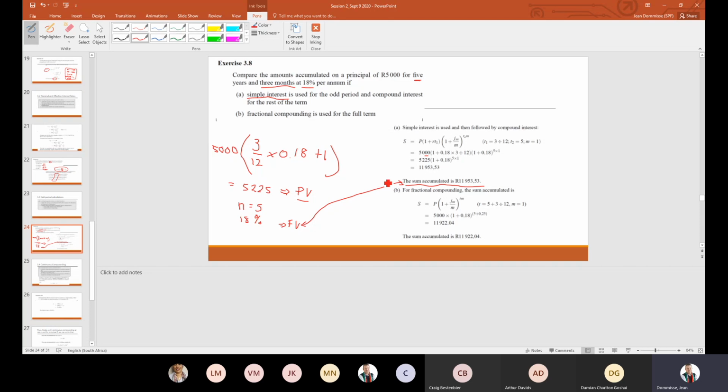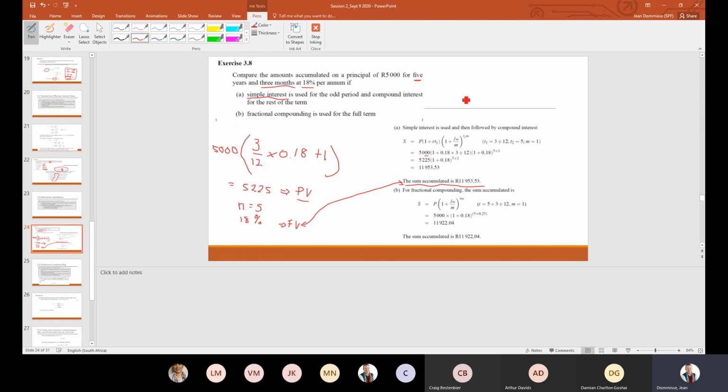By fractional compounding, the only thing that they are doing is saying, okay, we are combining the periods into one, so that there's not a simple interest calculation and then a compound interest calculation after that. So a fractional compounding, they're basically telling you to use that whole period as your timeline.